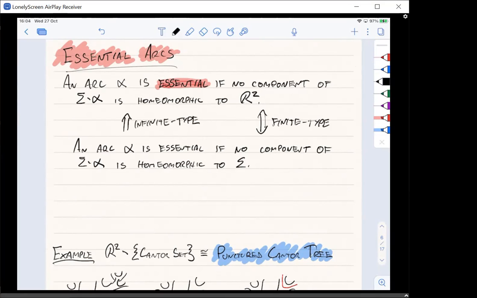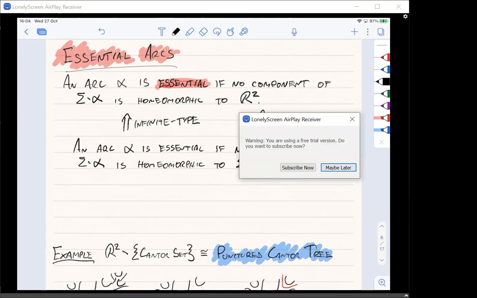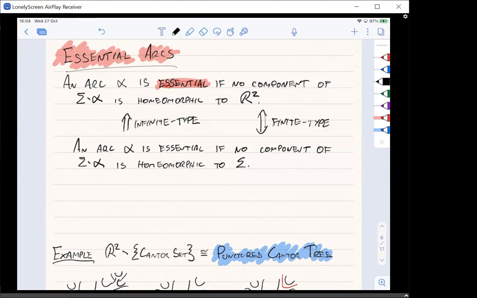Okay, so like I said, people study essential arcs. The example I'll talk about for the rest of this talk really is the arc graph, which people might have seen. But at least for the purposes of this talk, I will give this second definition a new name, which is truly essential.